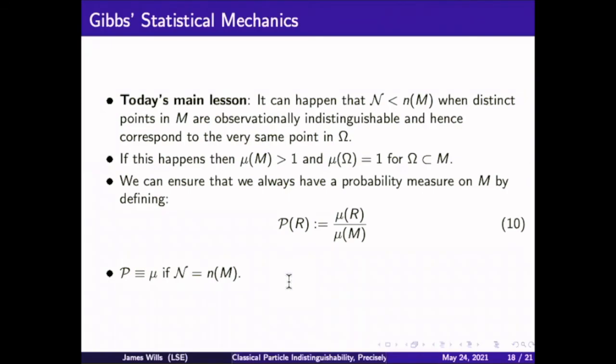However, remember our problem arose when curly N failed to be little n of M. And if that's the case, mu ceases to be a probability measure. However, curly P will still be a probability measure. Curly P is defined to be a probability measure on M because curly P of M is 1.